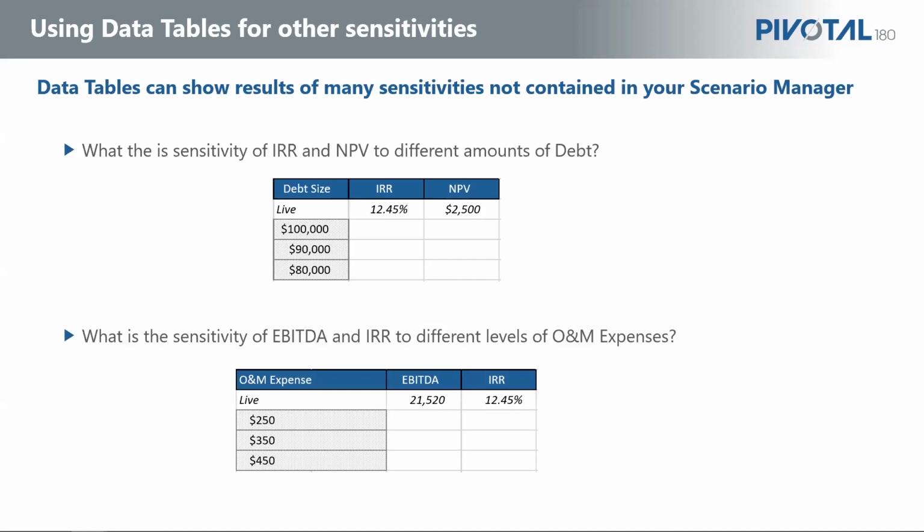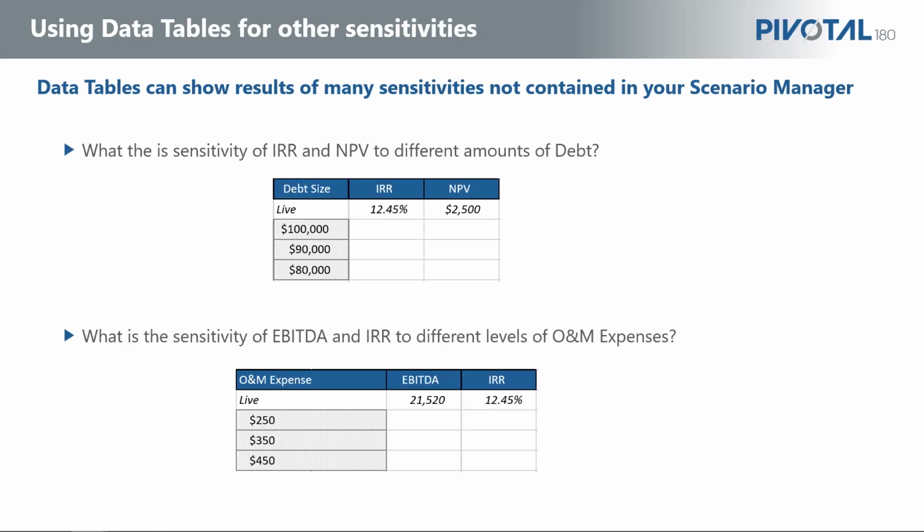Everything that we've shown you here is what's called a one-dimensional data table, where basically we are only cycling through things on either the first column or the first row of that table. But you can imagine situations where you might like to see a sensitivity to two variables. For example, what's the equity IRR within a range of debt amounts, so a percentage of leverage or a certain number of dollars of lending, and also a range of interest rates on that debt.